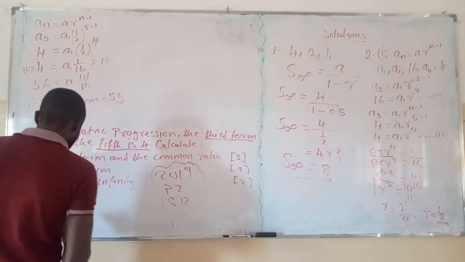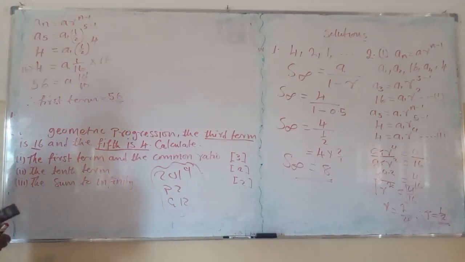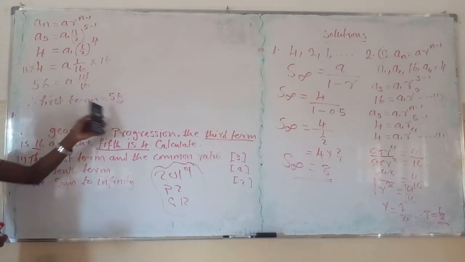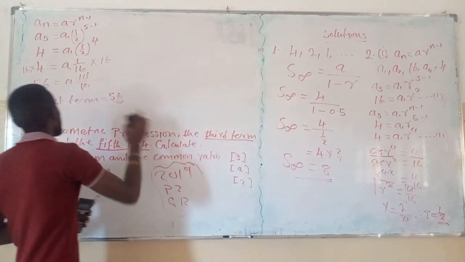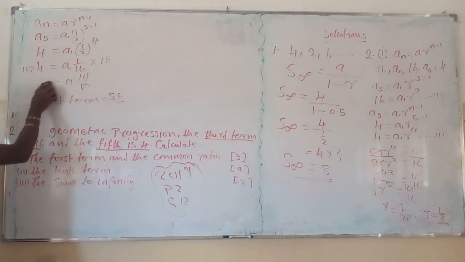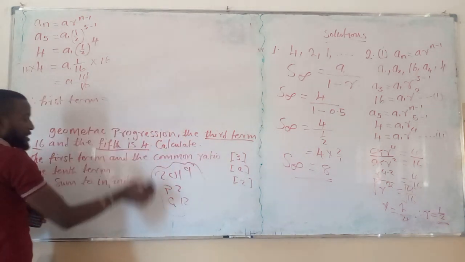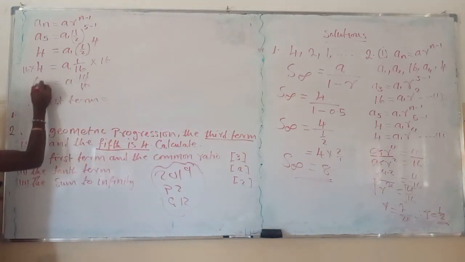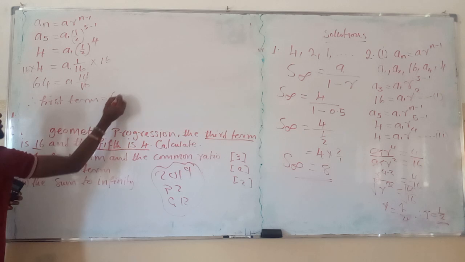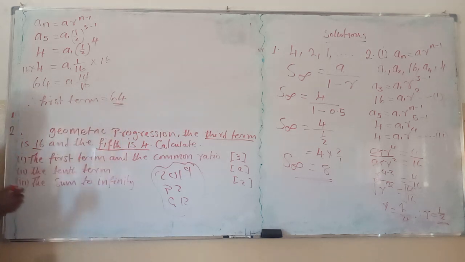So 16 times 4, why did I put 56? Now, if you use your calculator, you're going to discover that you get the correct answer. It's not 56 here, but it is 64. So the first term is 64.